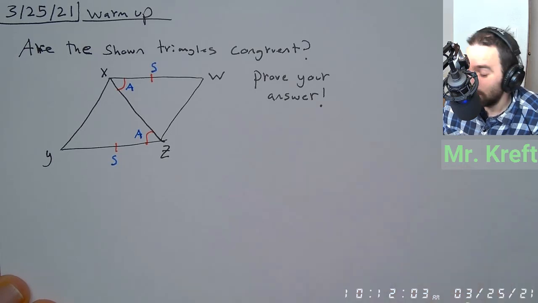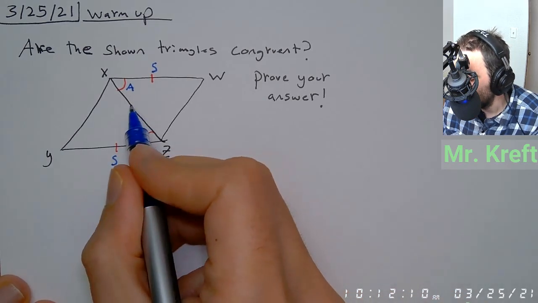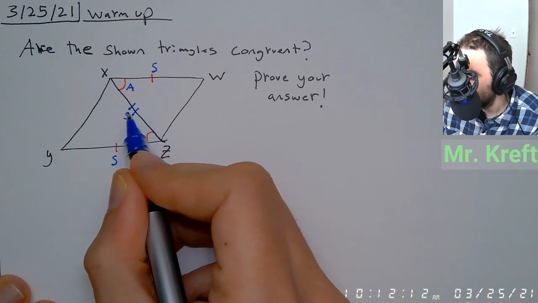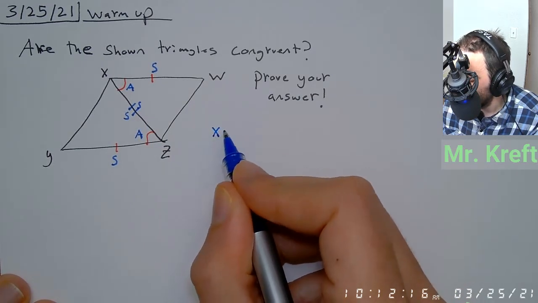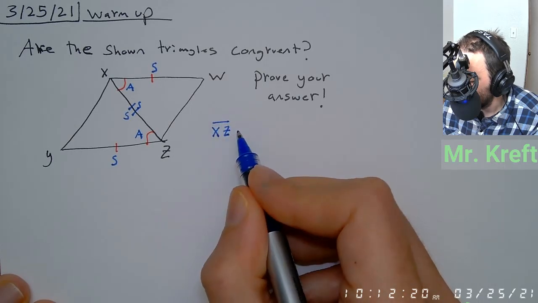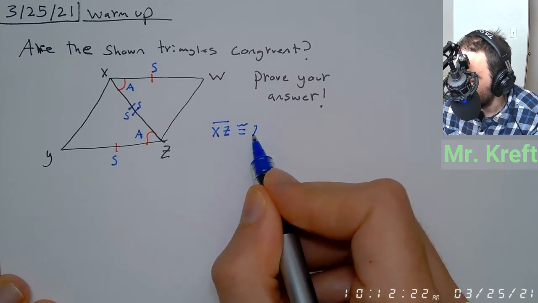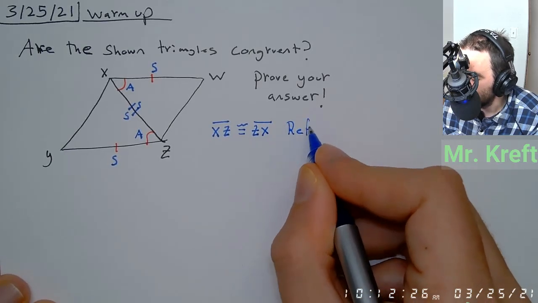Okay, so the only way that we have to prove triangles congruent right now is SAS, so we're missing another pair of sides, right? But we can get that second pair of sides by saying that segment XZ, now I got to be careful with this, is congruent with segment ZX by reflexive property.